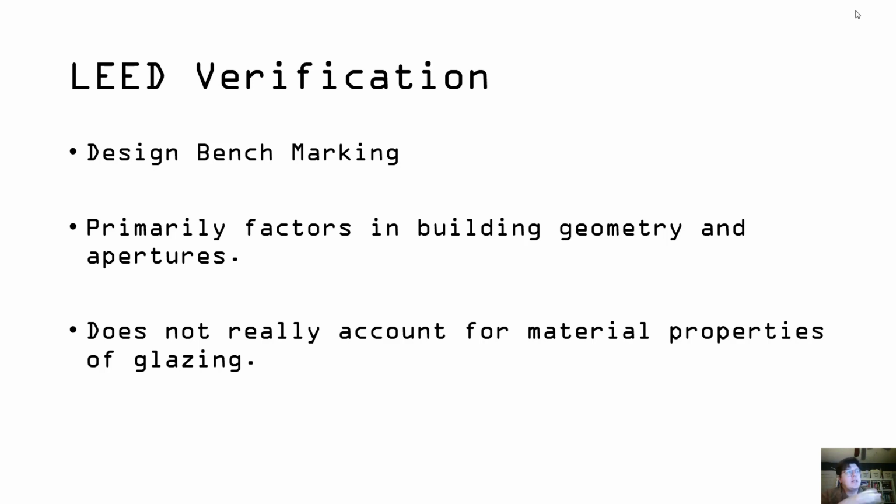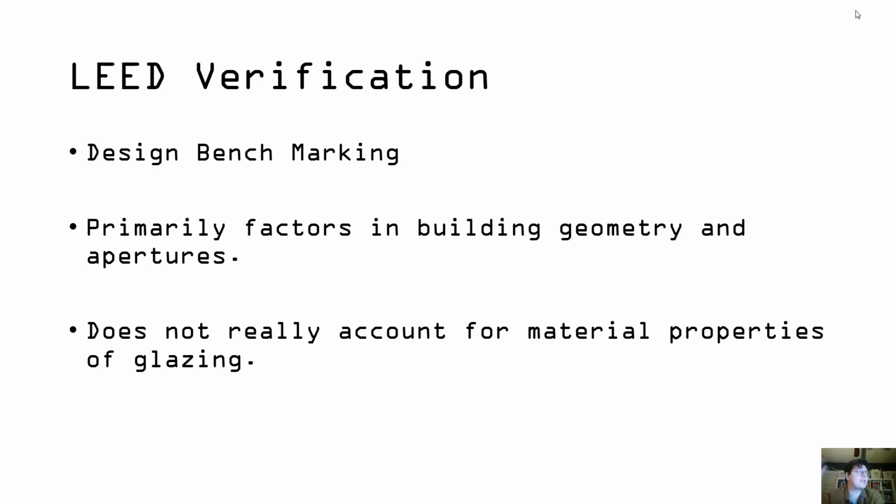The downside to LEED verification is it primarily factors in building geometry and aperture. It just creates a relationship between the amount of open space, normally in plan, and how that relates to a ratio of the floor area.